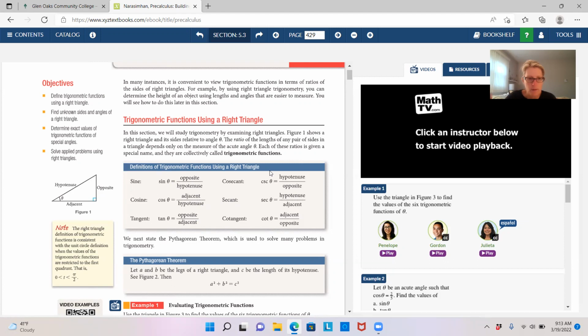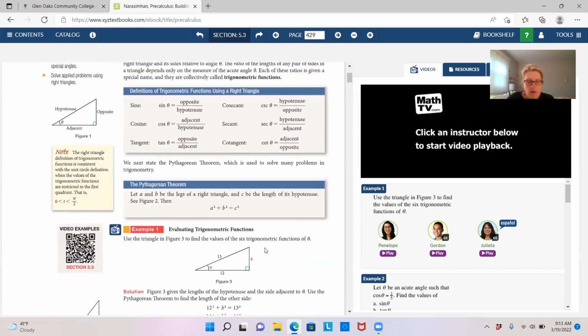Today, we're also going to base a lot of what we're doing on the Pythagorean theorem that you've probably been introduced to before in maybe a geometry class. And so the Pythagorean theorem reminder states that if we have a right triangle, the square of the opposite and adjacent sides is going to equal the square of the hypotenuse.